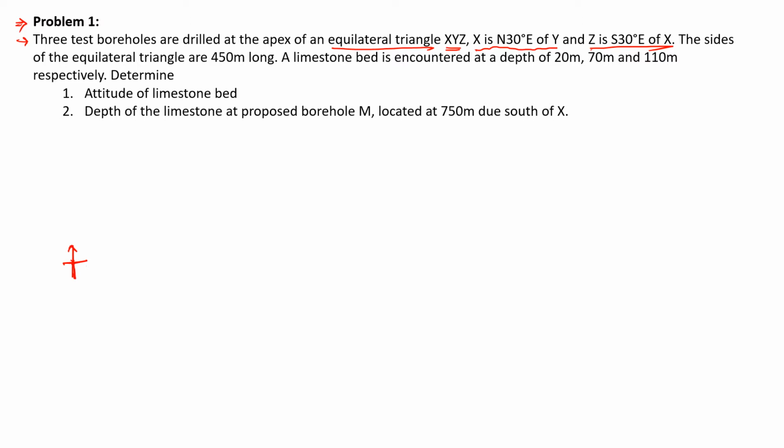So I'll consider this point as my point Y, and I will plot north 30 degrees east. North 30 degrees east means it will come in this quadrant. This is my north 30.